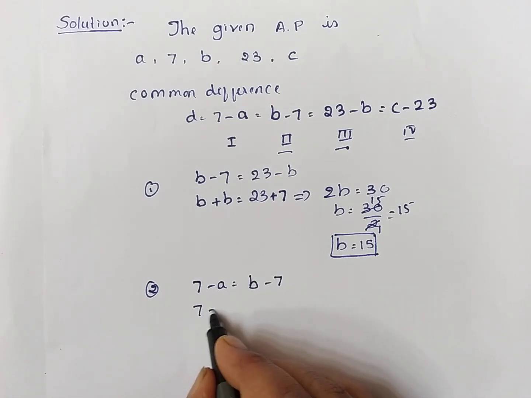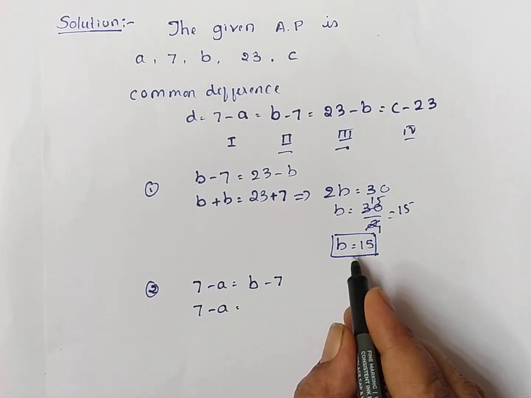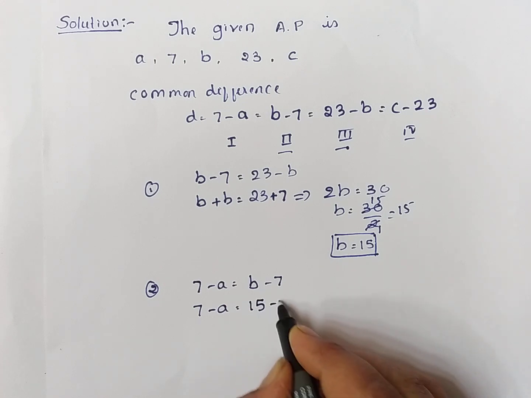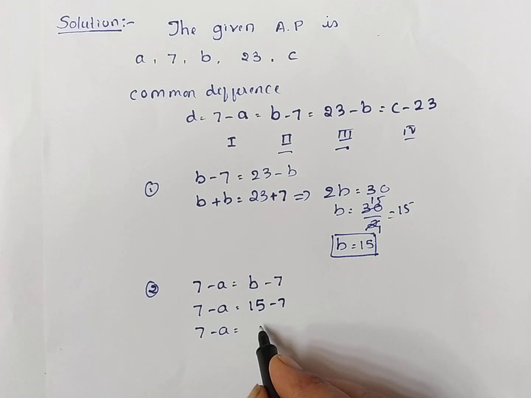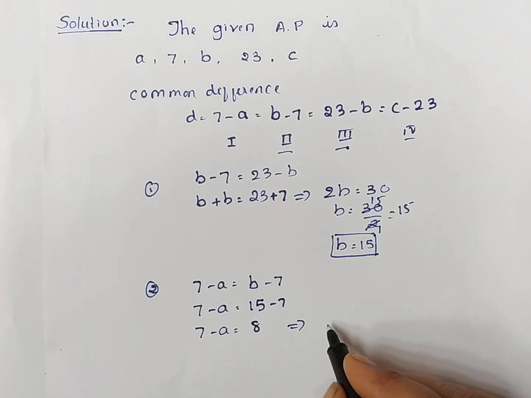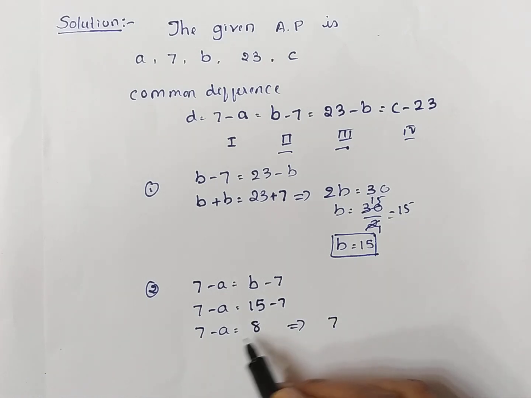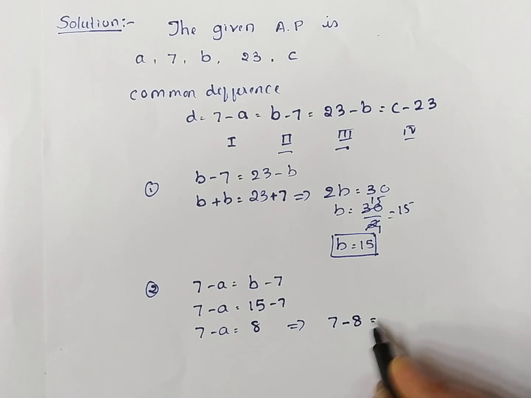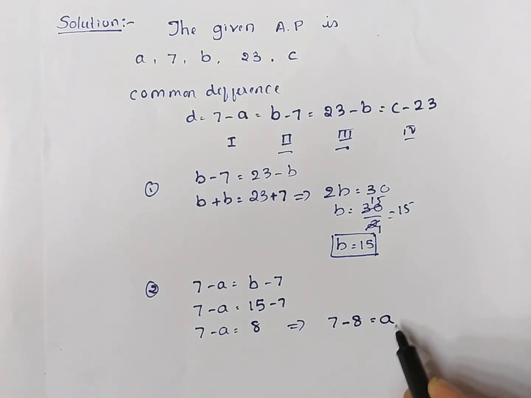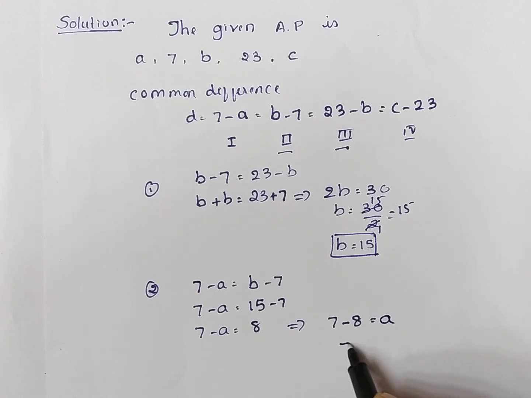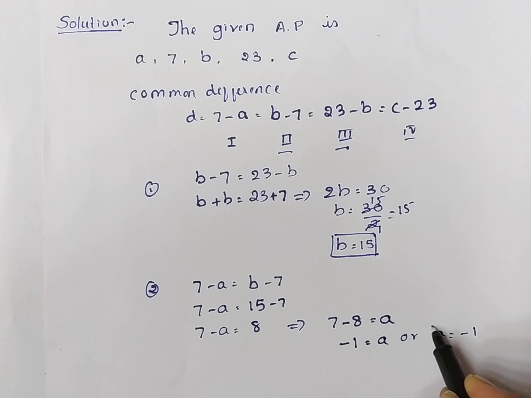B is 15, so 15 minus 7 is 8. That is 7 minus A equals 8. Transfer 8 to the LHS, it becomes minus 8, and the minus A when it comes to the RHS becomes plus A. That is minus 1 equals A, or A equals minus 1.